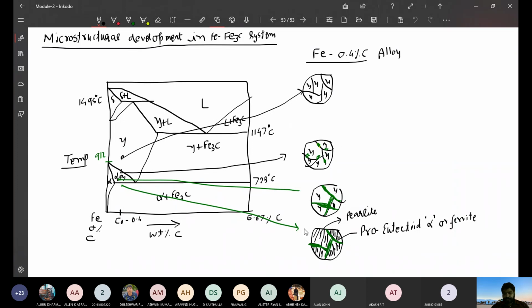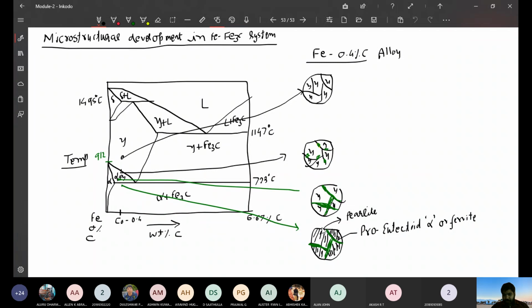Only when you take a different composition, the amounts and the alpha composition will differ, but the microstructural development will be the same. Now next, let me show you this.